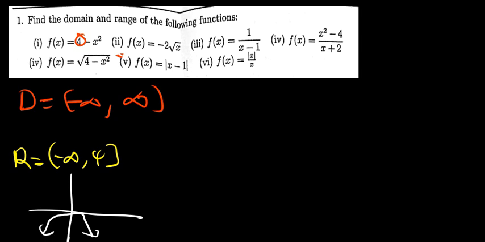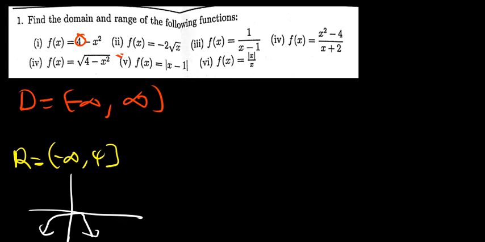When using set builder notation, you say the domain will be x such that x is a member of all real numbers. This part is very simple.